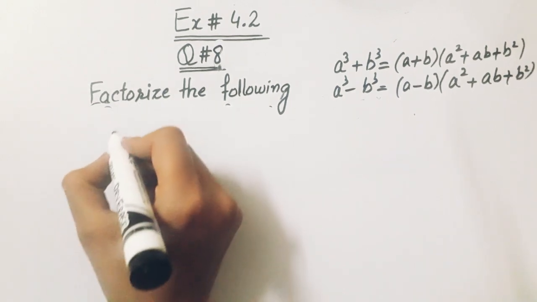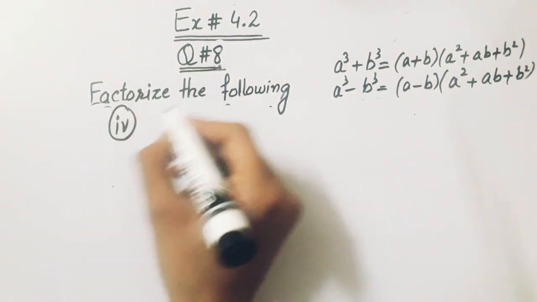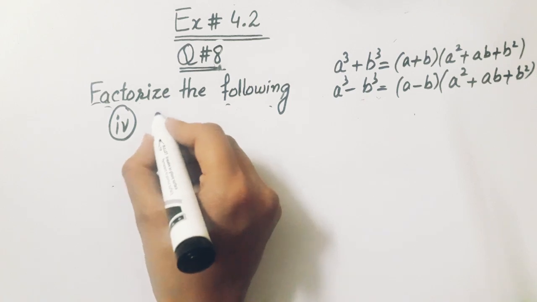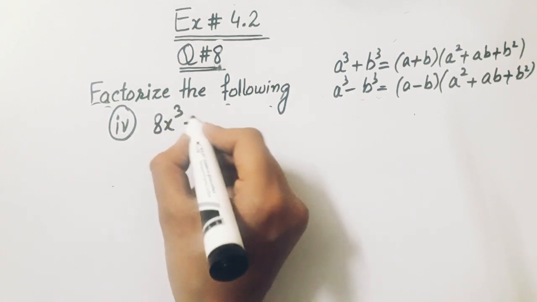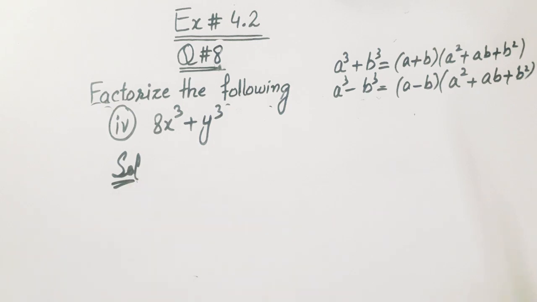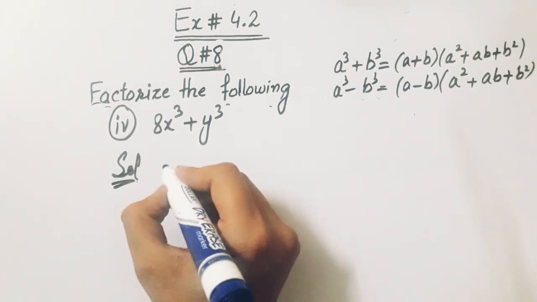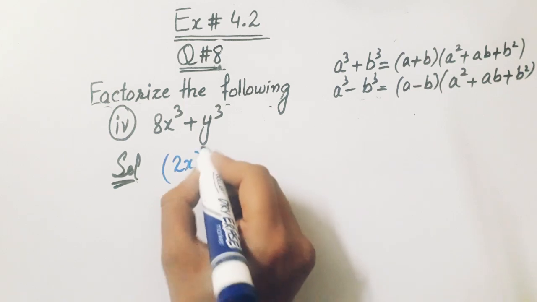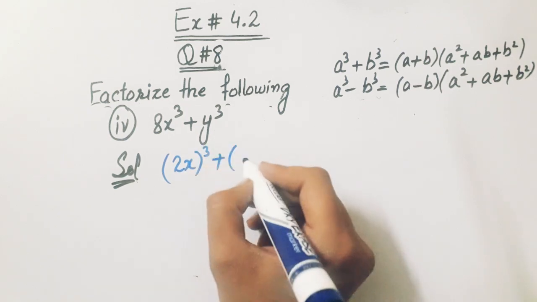Now question number 4 of this: 8x cube plus y cube. We will solve this. 8 is the cube of 2 and x cube is the cube of x. So we will write this as 2x whole cube, and then y cube.